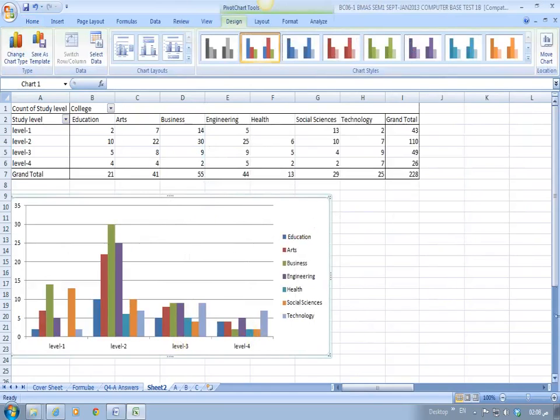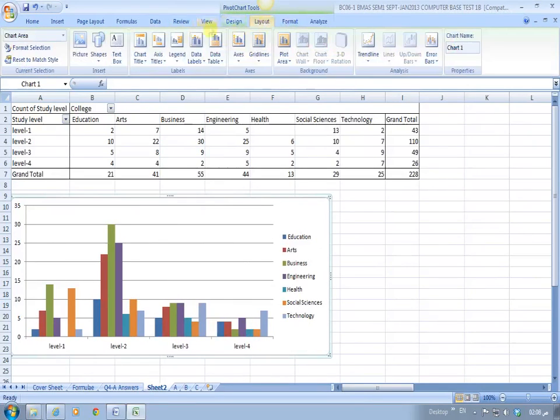To insert the title, when you click the graph here, this is layout, and in the layout you see graph title. Then you can write student levels or number of students in levels, and so on like that. You can write a title for the graph.